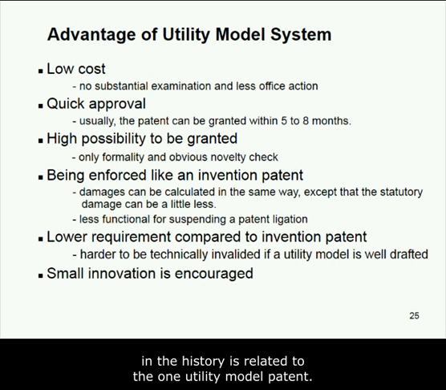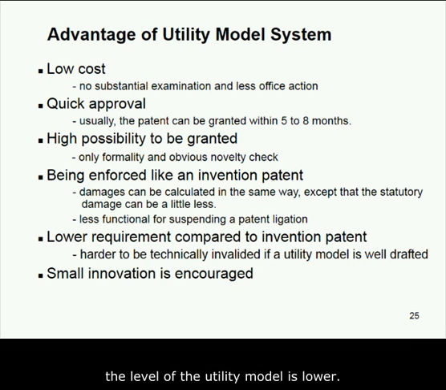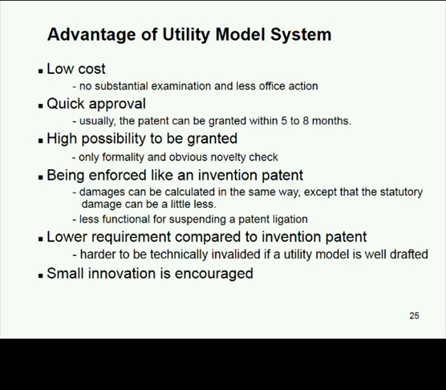It's a huge damage. But before the patent court, the judges usually think the quality of the utility model is lower, so it's hard to suspend a patent litigation by invalidating a utility model patent.